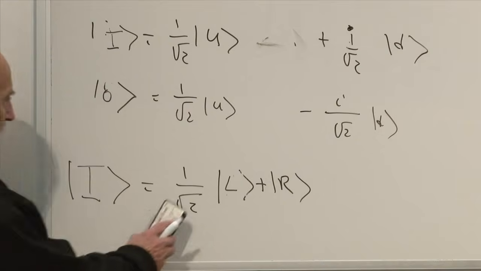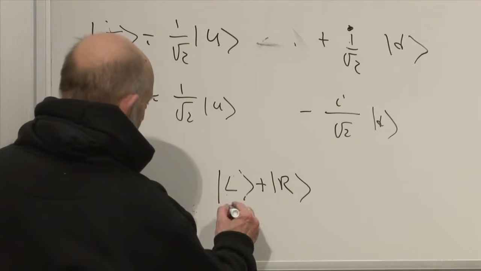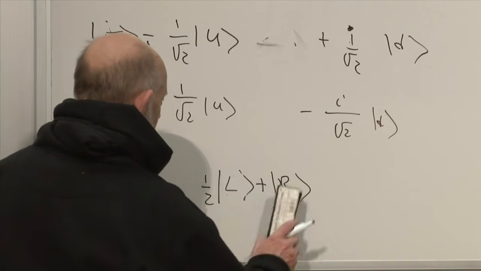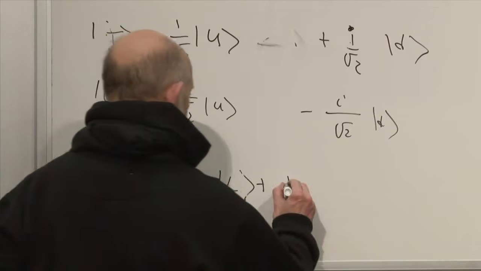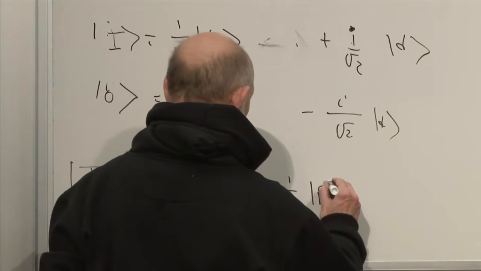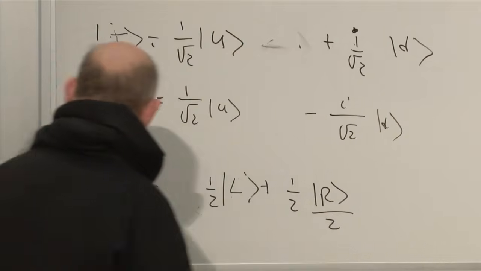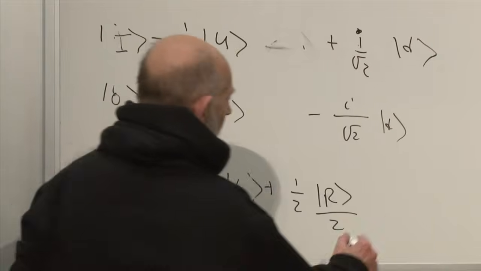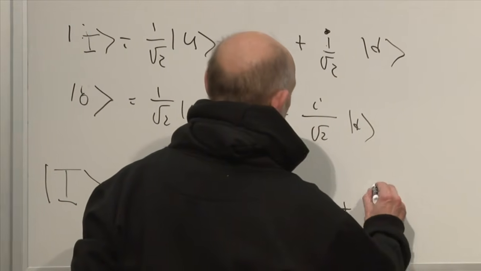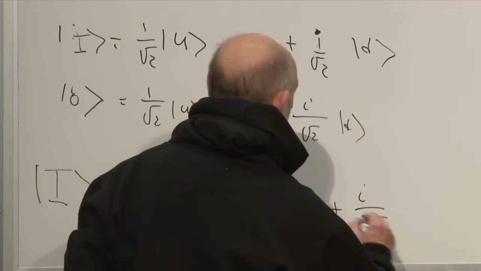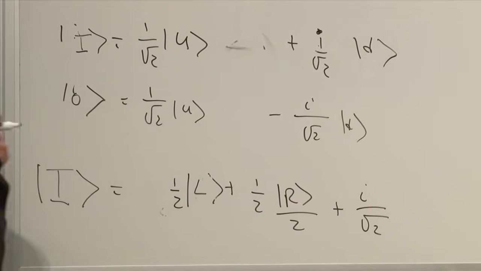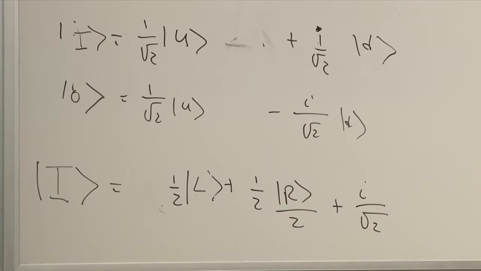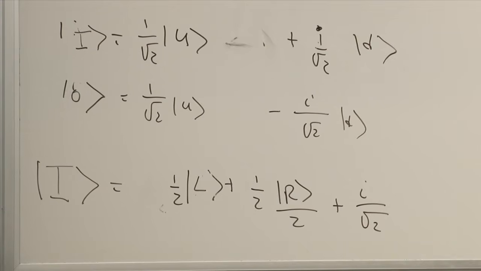So that gives me a 1/2, left over 2 plus right over 2. That's scary. And then plus i over square root of 2 times down. Anybody remember what down was? Left minus right over the square root of 2.